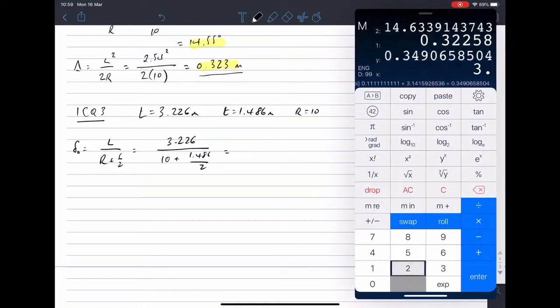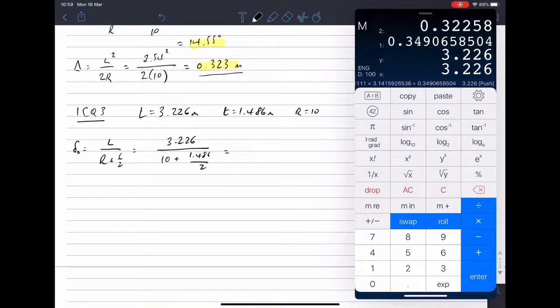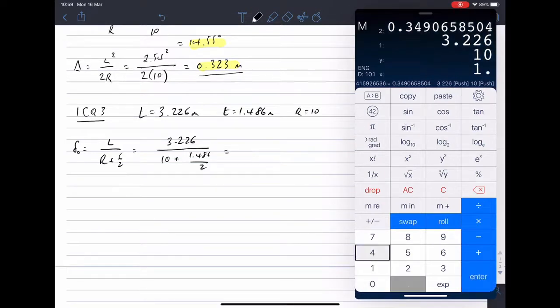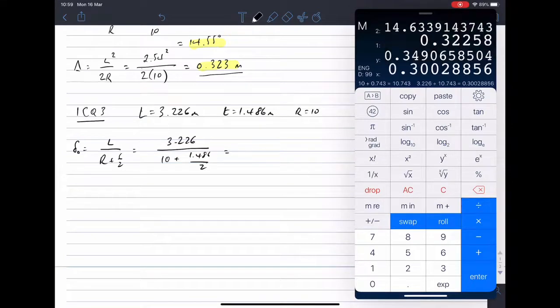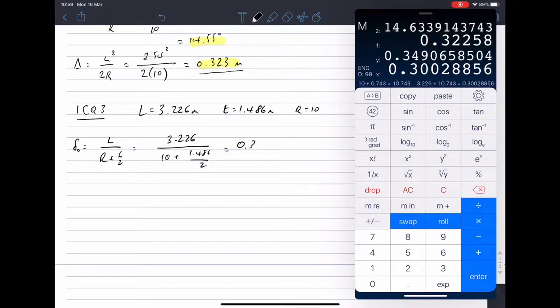So it's 3.226, 10, 1.486 divided by 2, add to 10 divided, there we go. 0.3003 radians, which is 17.21 degrees. Okay.